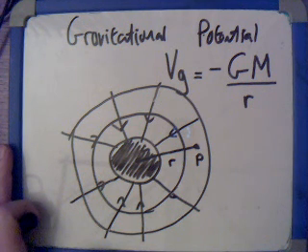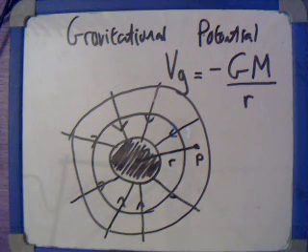That gives you the lines of equipotential, and it's negative. This is a little bit strange, isn't it? Now I'll stop the video here, and in the next video we'll talk about why it's negative.